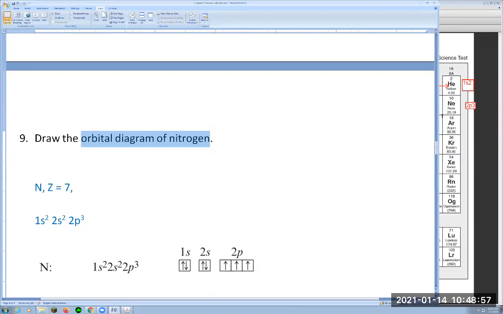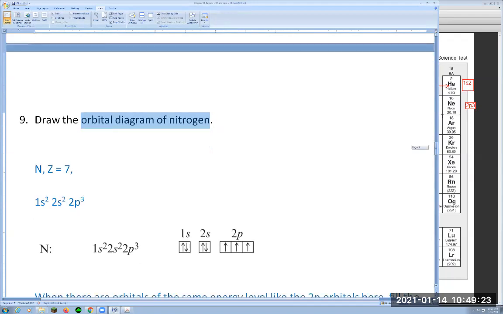And at that point, we have reached our number of 7 electrons in total. So you need to stop. And you see that this way, the nitrogen has 3 arrows up in the 2p subshell. They should not be paired. You have to do arrow up and fill each orbital before you pair the electrons.